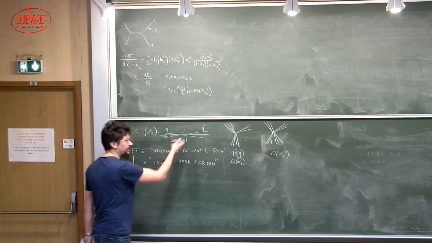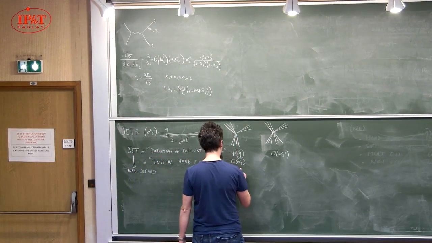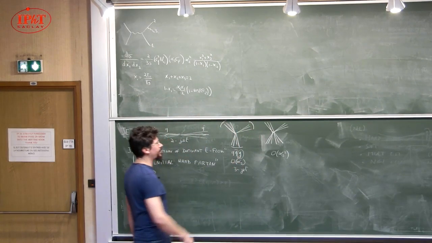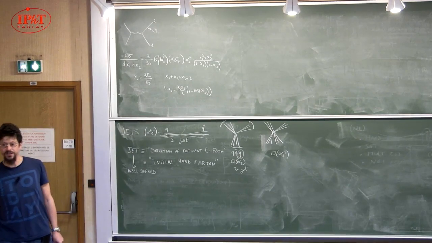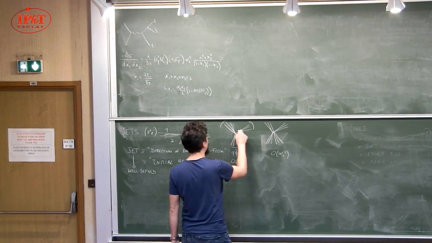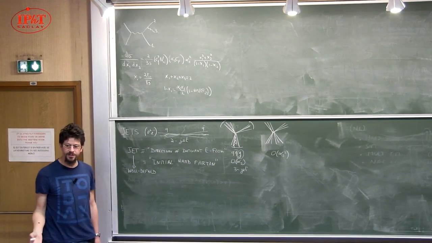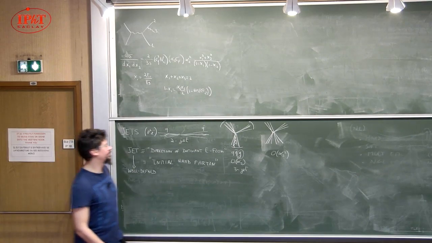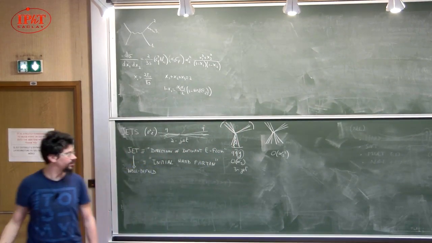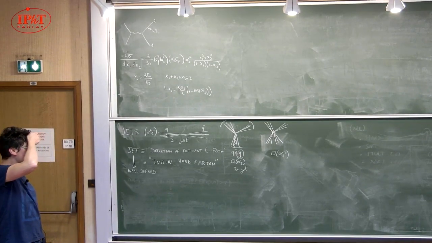In that case, you'd expect this to essentially be a hard QQ bar system. While in this case, you'd have a three-jet system, which is essentially 1, 2, 3 directions of energy flow. And again, this is expected to correspond to a quark, antiquark, gluon kind of hard event. Again, the attribution of quark, antiquark, and gluons among the three jets is a different topic. I'll come back to this in the fourth lecture, hopefully.